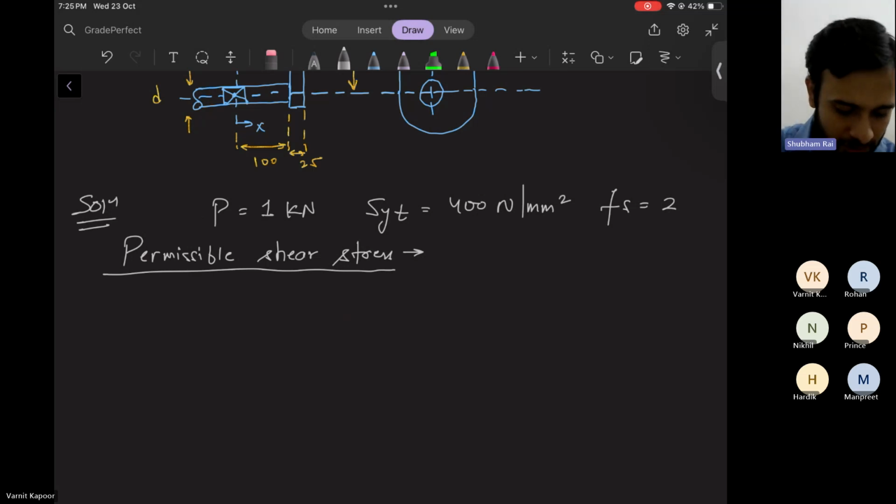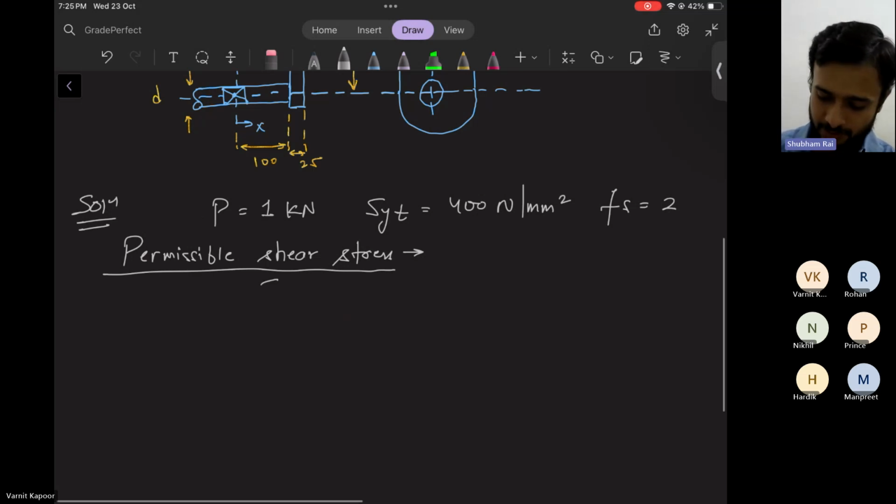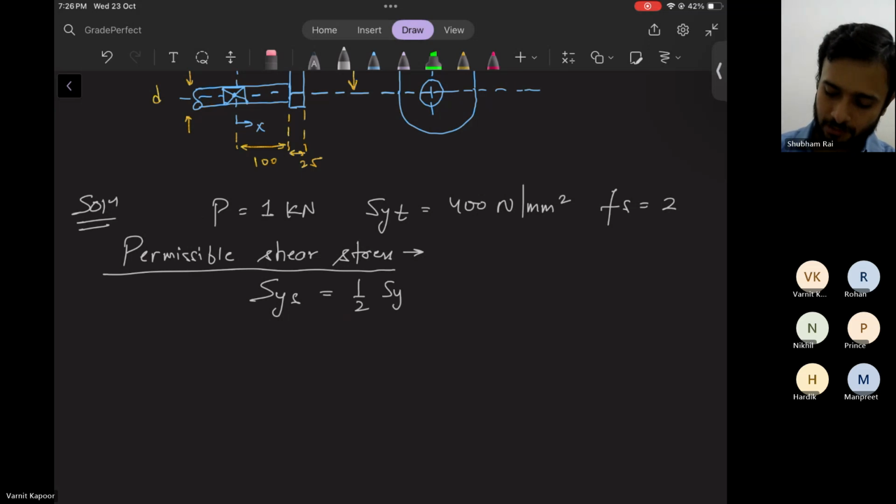So if we take maximum shear stress from there, it will be half of this yield strength. This will be 0.5 times 400, which is 200 Newton per mm square, right?